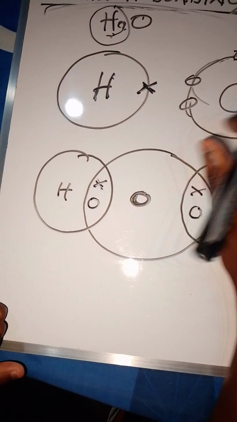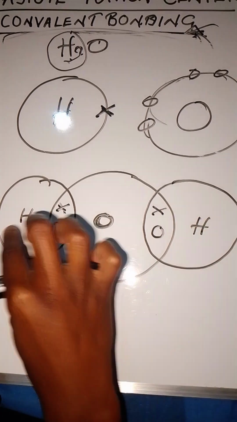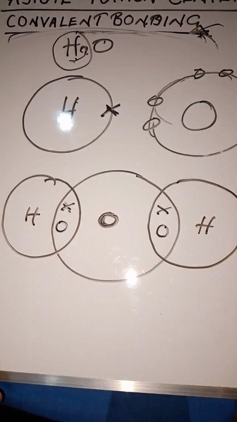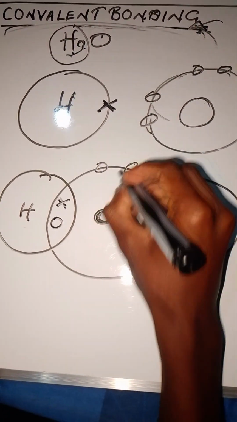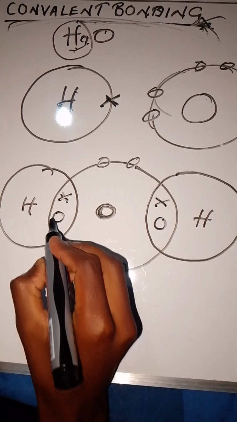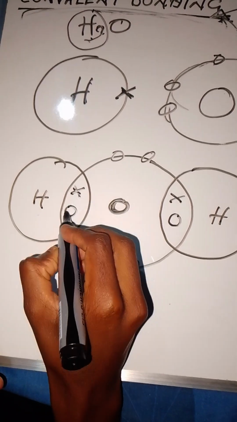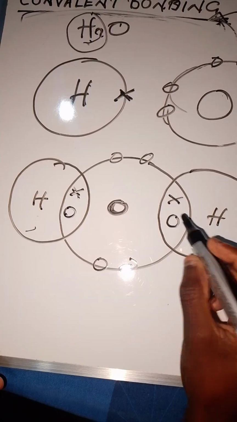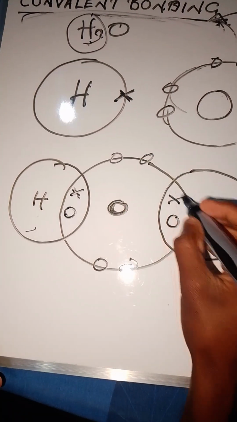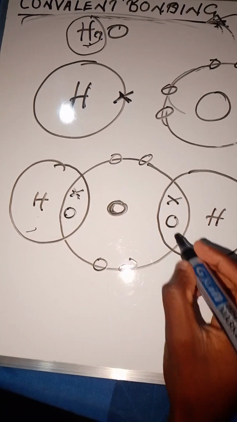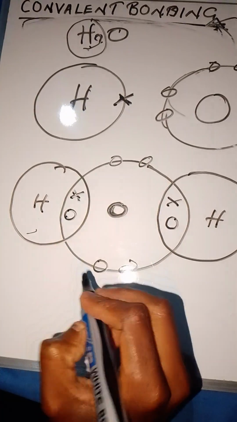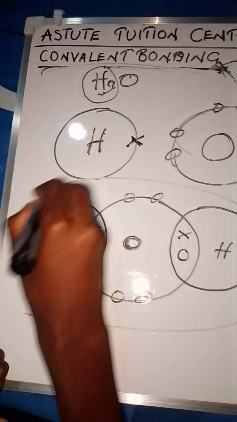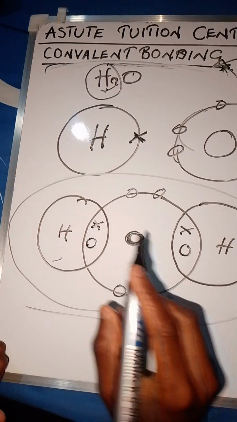Since oxygen gave two electrons, one to each hydrogen atom, we're going to remain with 4: 1, 2, 3, 4. When you count, hydrogen will now have 2, so hydrogen is stable, and this one is stable too. And for oxygen, when you count, it's going to have 8: 1, 2, 3, 4, 5, 6, 7, 8. Therefore, this is the covalent bond of water.